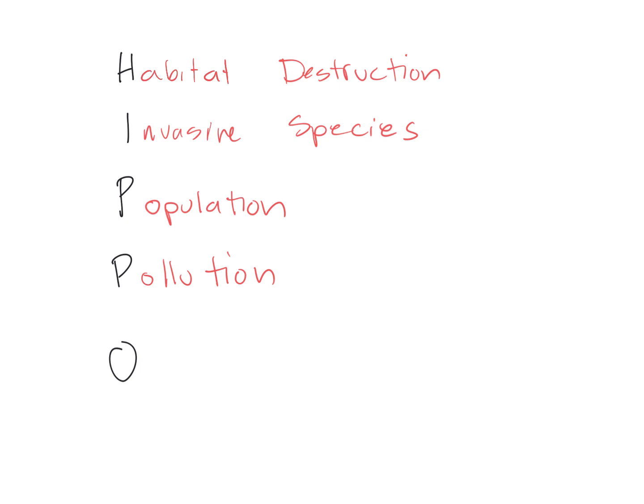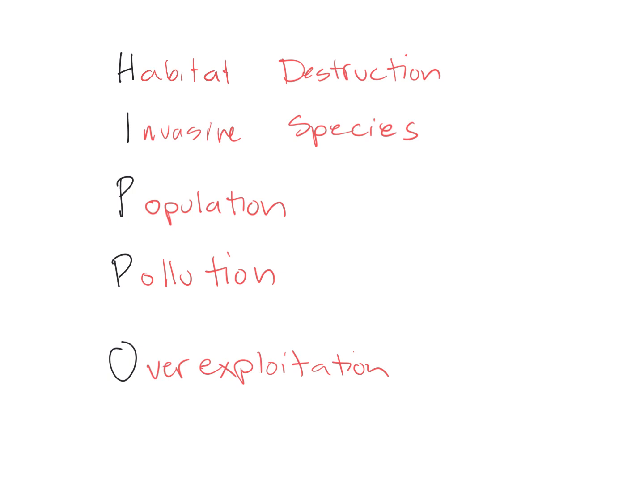All right, the last one is O for over exploitation. You're over harvesting. What's an example we've had of over exploitation? I talked about tragedy of the commons, and it relates to the cod fishery of the northern Atlantic.